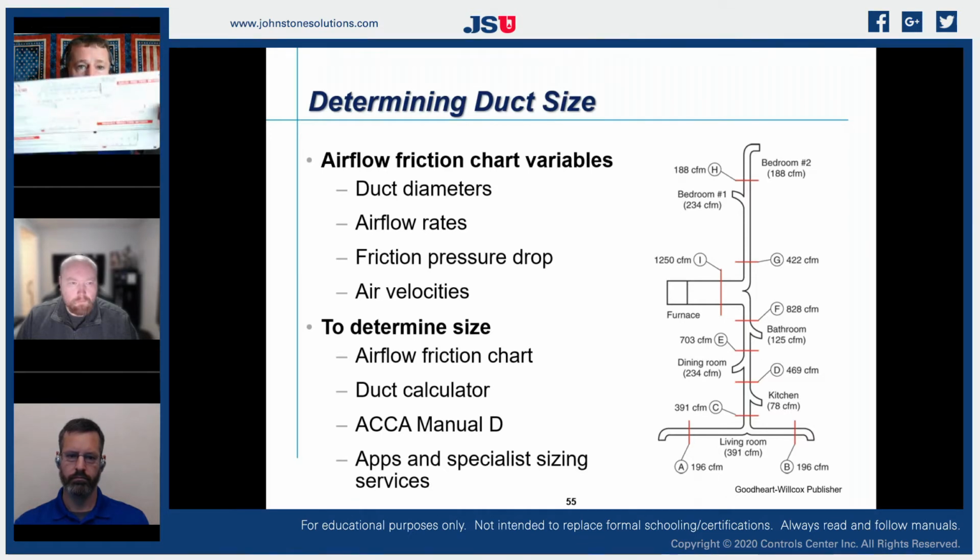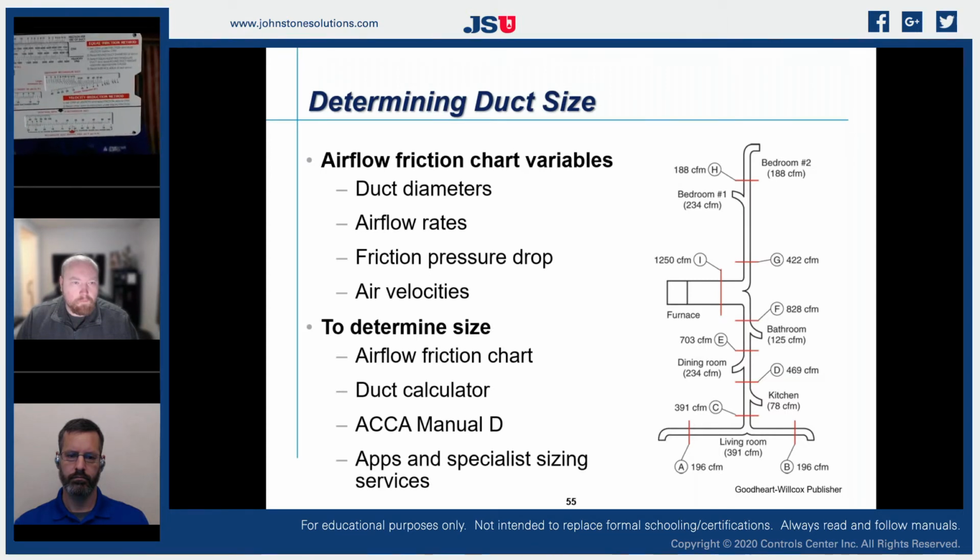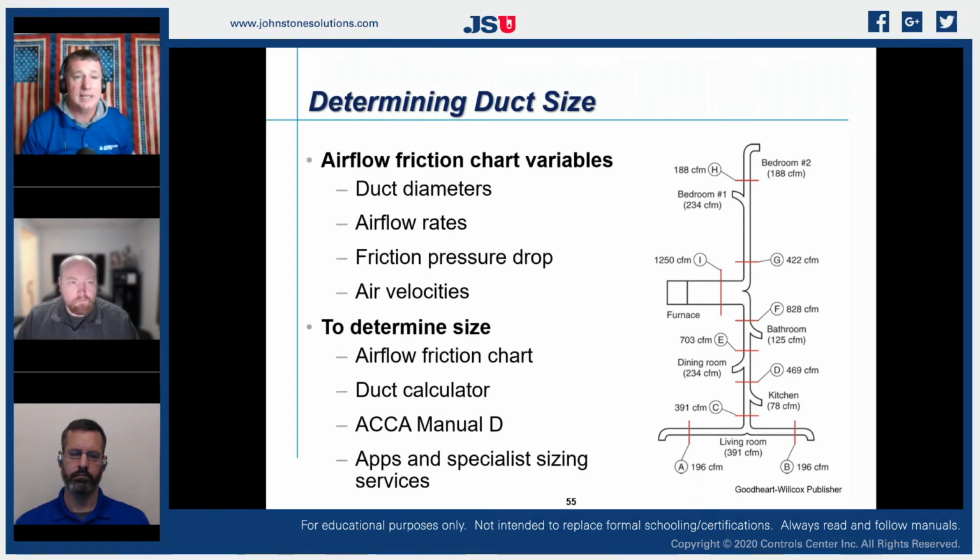So if we look across the top, I will have 0.1 at 1,250. And based on our class from last week, we talked about how we have all of our different dimensions that we can use, either in rectangular or in round for this. So if I look at it, I'm going to see that I have a variety of options.